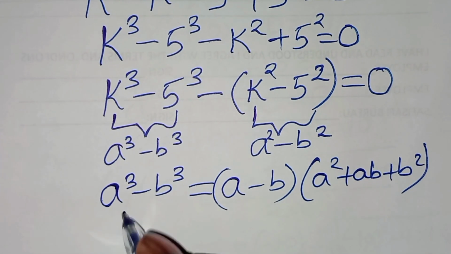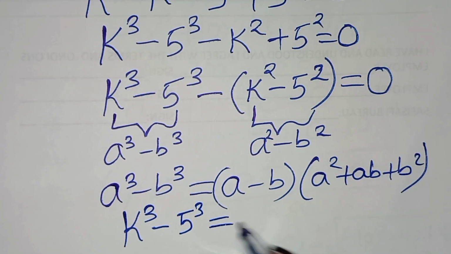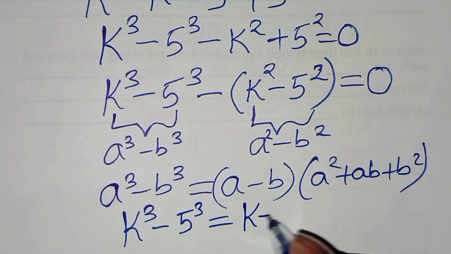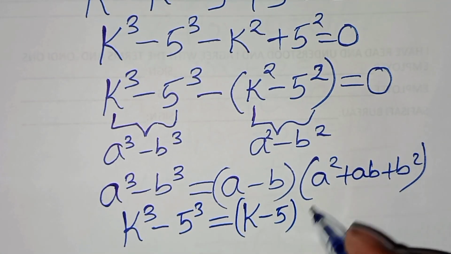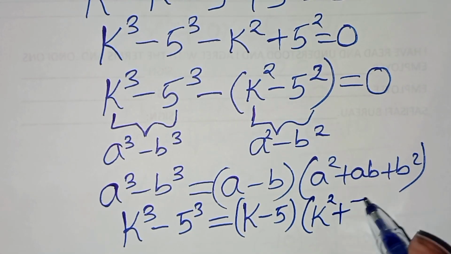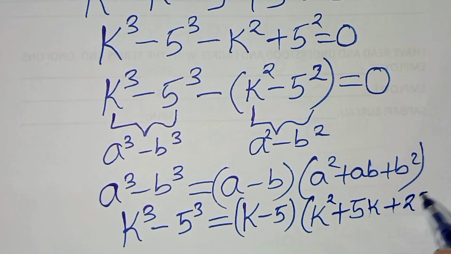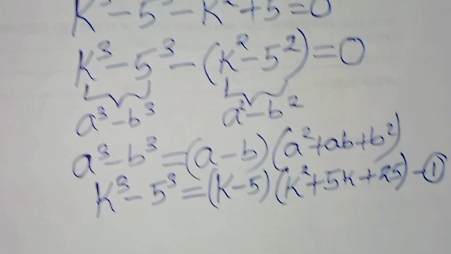Now from here, we have k to power 3, subtract 5 to power 3. This can be expressed as k minus 5, times k to power 2 plus 5 times k, which is 5k, then plus 5 squared, which is essentially equal to 25. Let's call this equation 1.